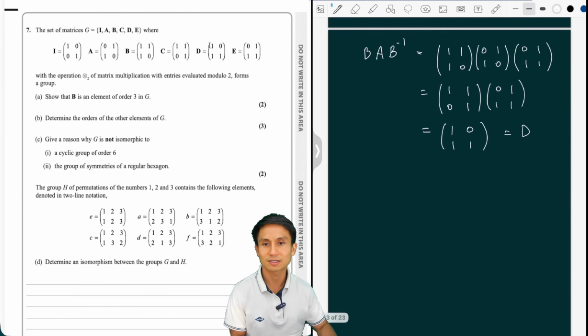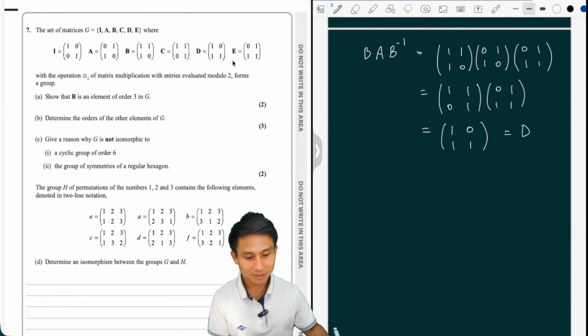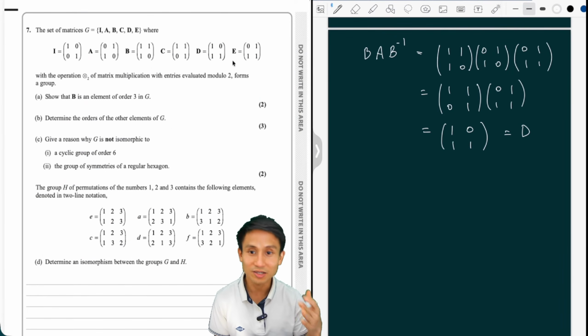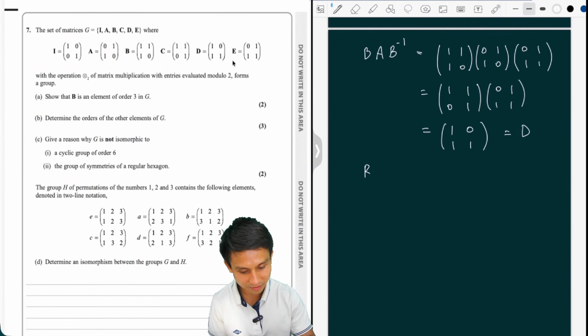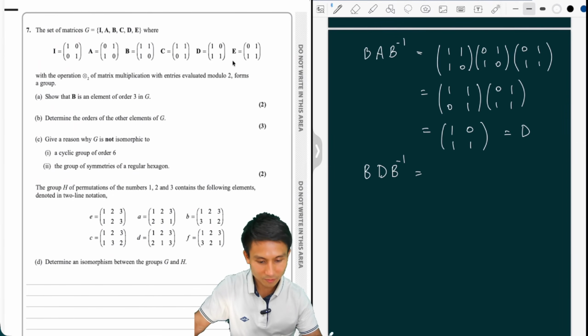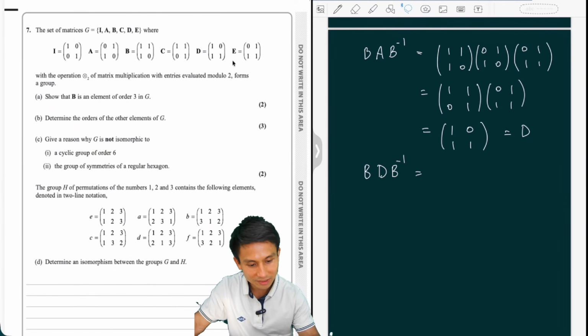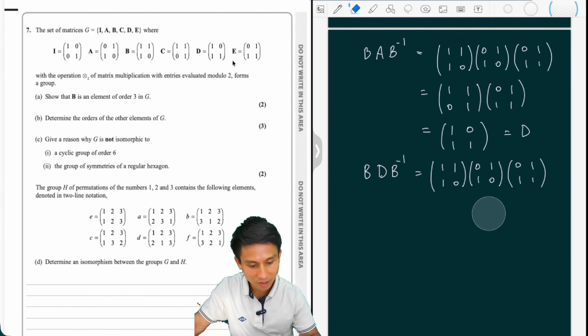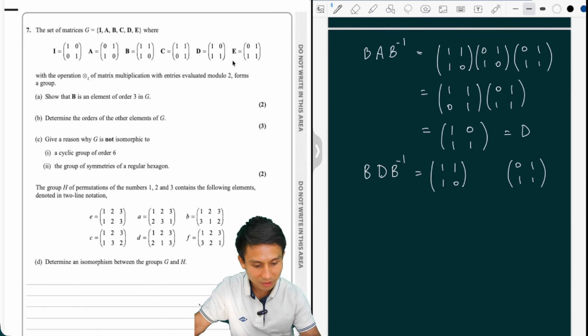Matrix D here. Okay, so let's apply diagonalization to matrix D as well, using the same pattern, but we change the middle one to be the matrix D we just got.